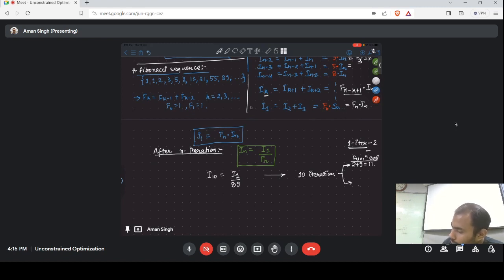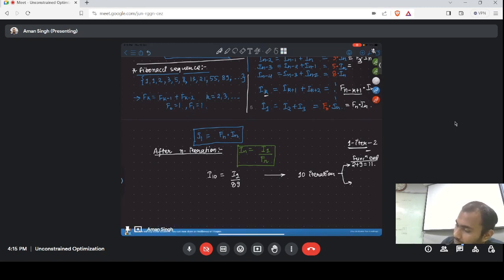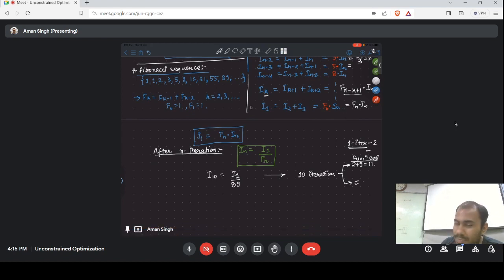And what is the reduction in the interval of uncertainty? If you divide I1 by 89, it comes to around 0.0111. So let's say approximately 1%. So in 10 iterations, you reduce the interval of uncertainty to 1%, but the number of function evaluations that you did were 11.